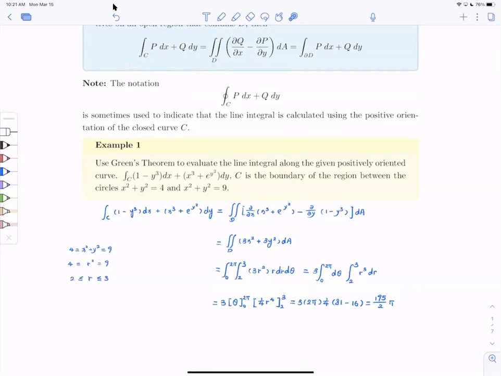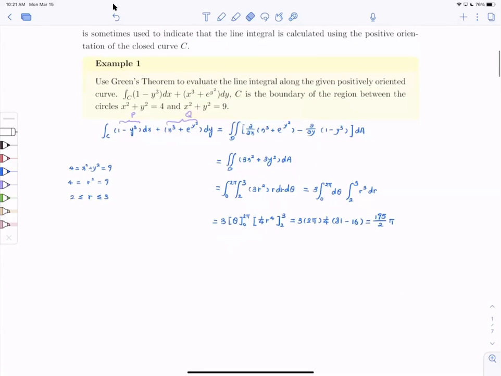So in this question, this is your P, and this is your Q. So that equals the double integral over D of the partial derivative of x cubed plus e to the y squared with respect to x, minus the partial derivative of 1 minus y cubed with respect to y, dA. This will give you 3x squared plus 3y squared dA.